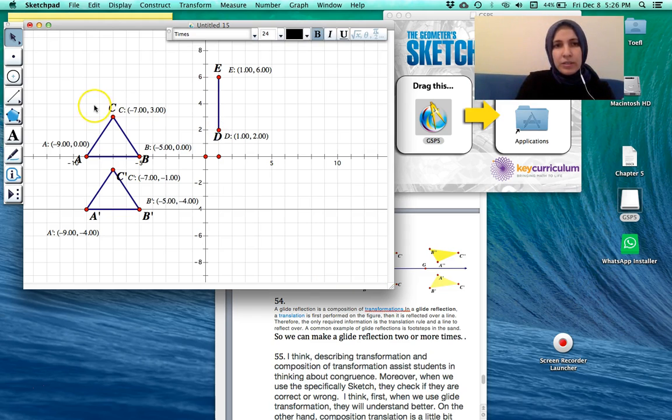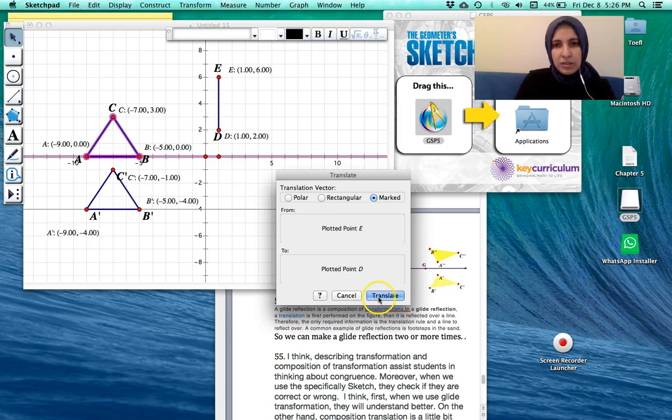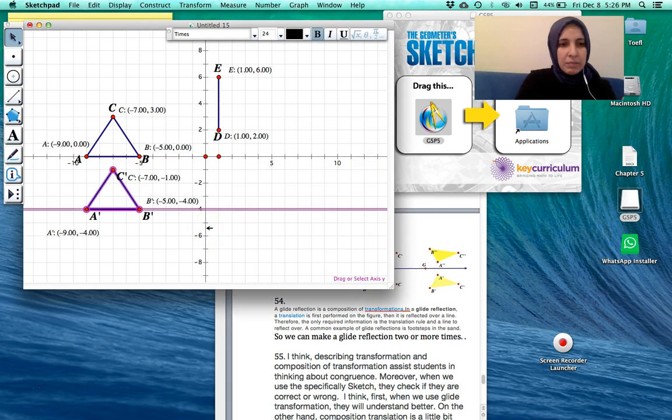I dragged it, and then again I translated this one. Yes, I got the same things. That's how I got the original triangle. We can also say the size and the area of the triangle are still the same.